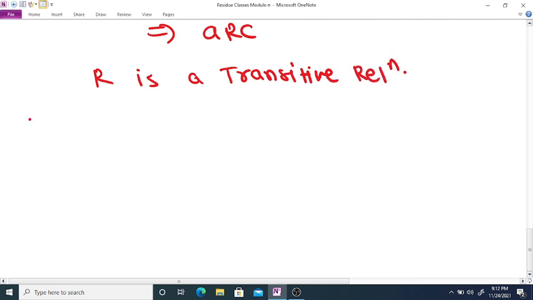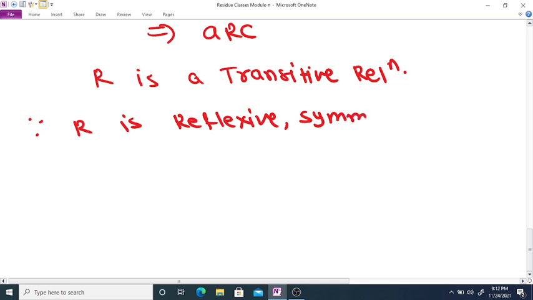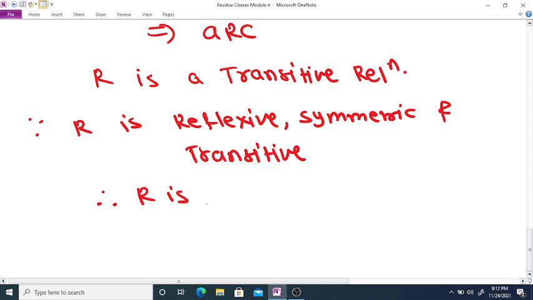And therefore, since R is reflexive, symmetric and transitive, the given relation R is an equivalence relation.